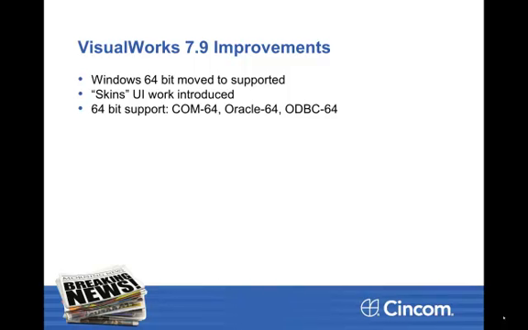For example, the small integers, which are immediate objects in the product, which means they perform a little bit faster for number crunching, and the 64-bit products have support for larger small integers. Along with the 64-bit theme, we've also rounded out and now support COM64, Oracle 64, and ODBC 64 drivers.